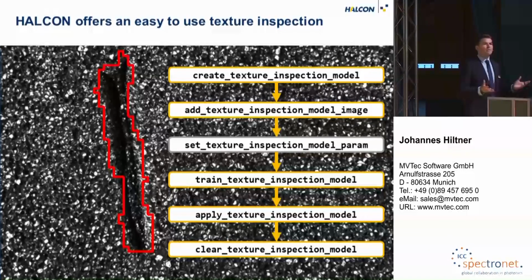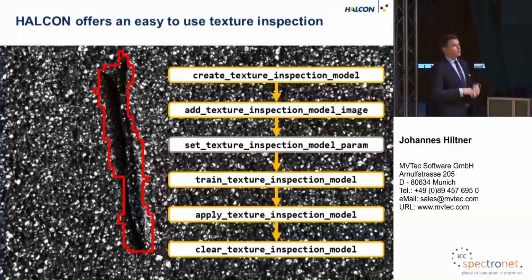Those of you who know HALCON already know that a handle approach is a quite easy way of handling data within HALCON. So we just create the texture inspection model, and by adding the second operator from the top, we add good samples of our texture into the handle, and then by just simply training this whole texture inspection approach, in the background there's a GMM classifier.